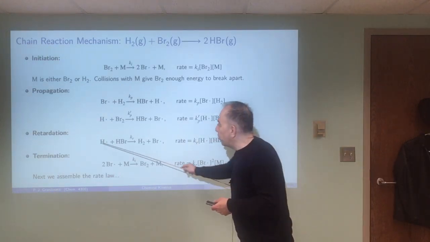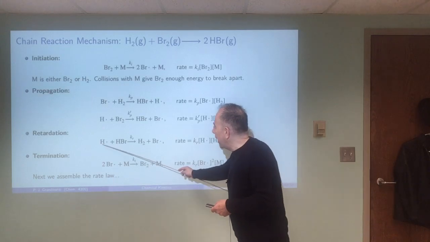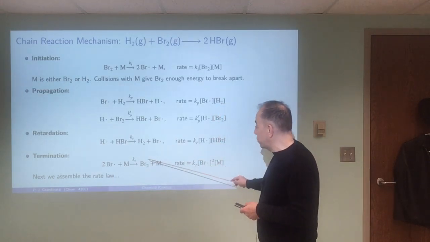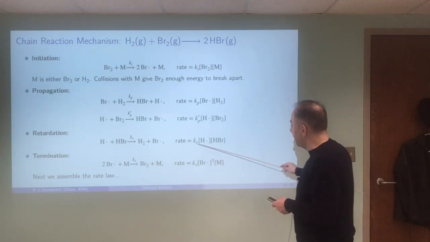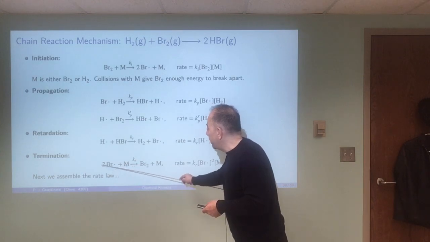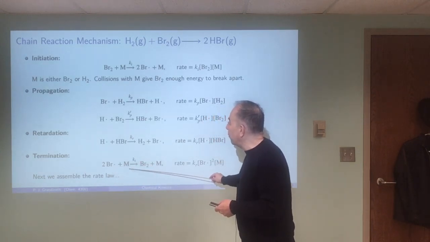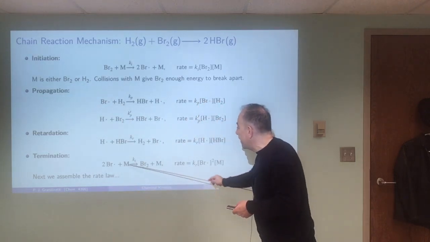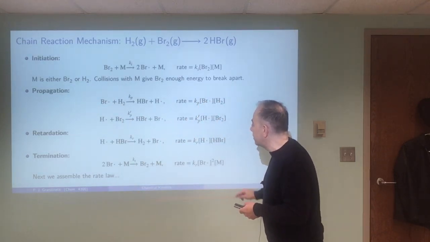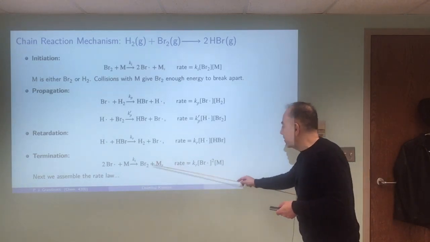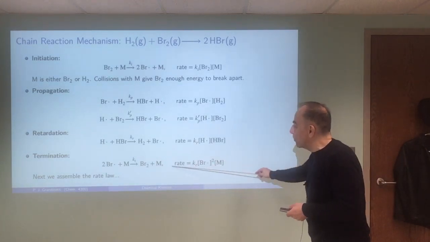Then you can have what are called retardation steps, where H radical reacts with HBr to take you back to H2 and Br radical. That has this step. And then finally the termination step, where Br radical reacts again with one of these inert species, or Br2 or H2, and combines back into Br diatomic, and gives you back whatever it was that it collided with, and that has this rate right here.